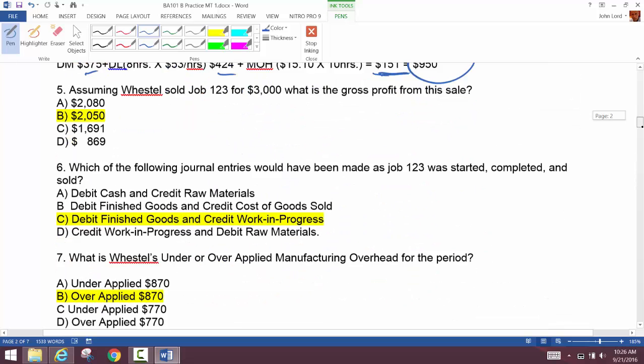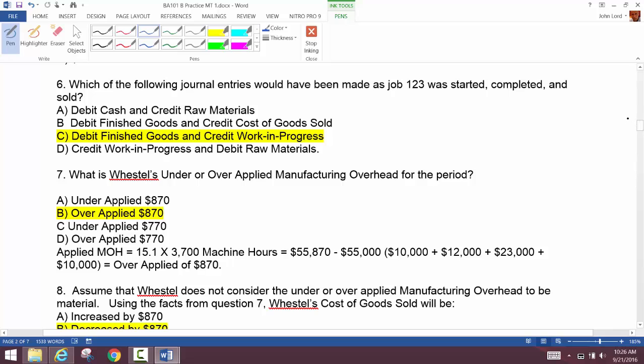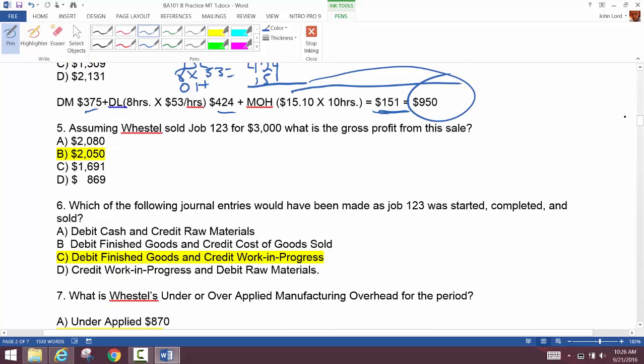Okay, so now we come over and I say, assuming that we have a sales price of 3,000, what is the gross profit? And remember, gross profit is sales price minus the cost of goods sold, and the cost of this job is 950, isn't it?